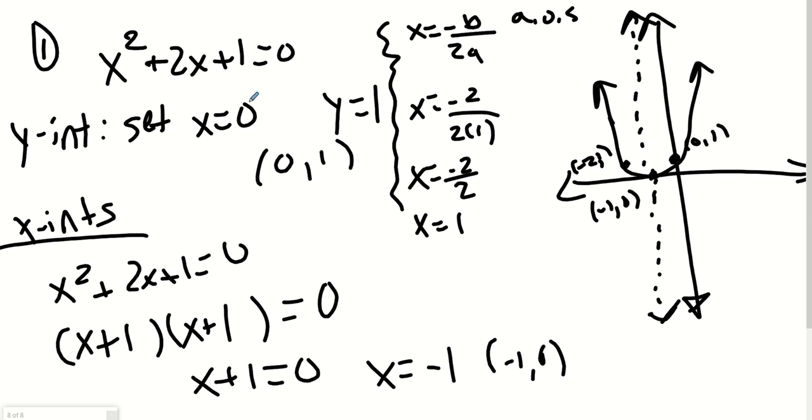So that's if my quadratic was in standard form. I can use the y-intercept, x-intercepts, and then I can use my axis of symmetry to help me find another point that's symmetric to a point you already have on the graph. Okay, so let me just write this down over here.